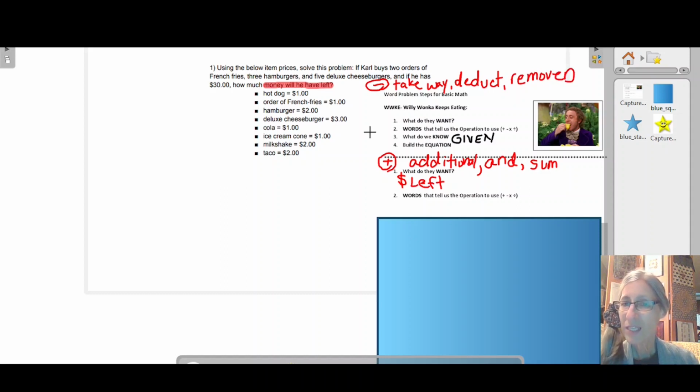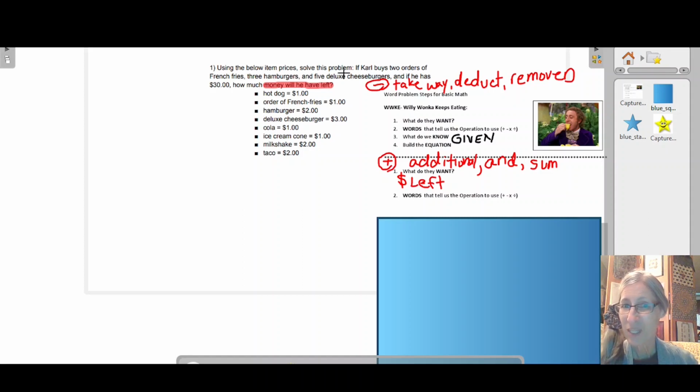So let's find some key words in this problem that'll give us a hint on what operation we should use. Let's look at this sentence. If Carl buys 2 orders of fries, comma, 3 hamburgers, comma, and 5 deluxe cheeseburgers.